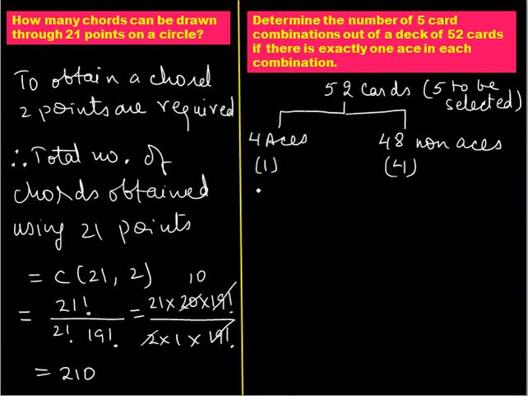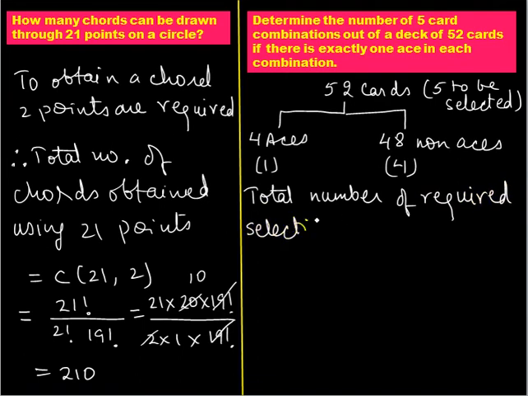So therefore we can say total number of required selections. Required selection means 5 cards containing exactly one ace.